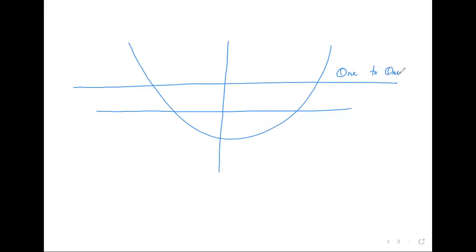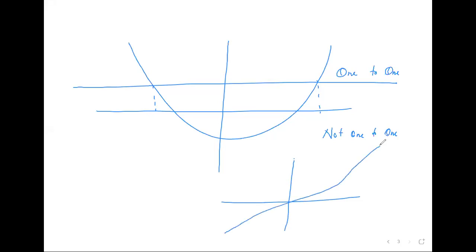If it touches twice, here and here, then it's not one-to-one, because the horizontal line test has failed us, it has touched twice. If it is like this, you do this, it's touching once, then you know it's one-to-one.